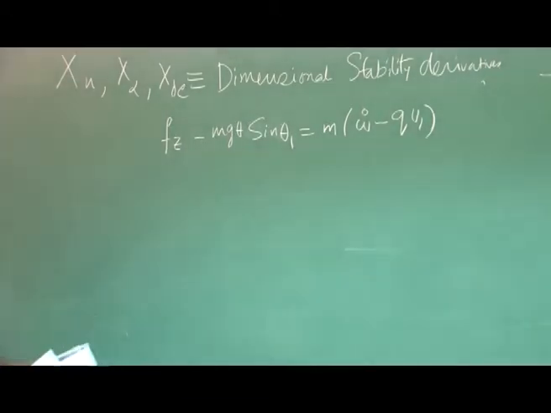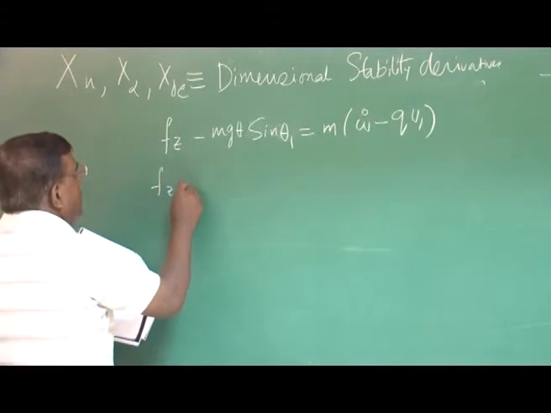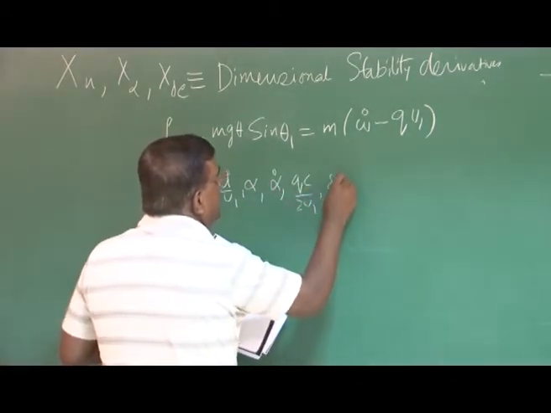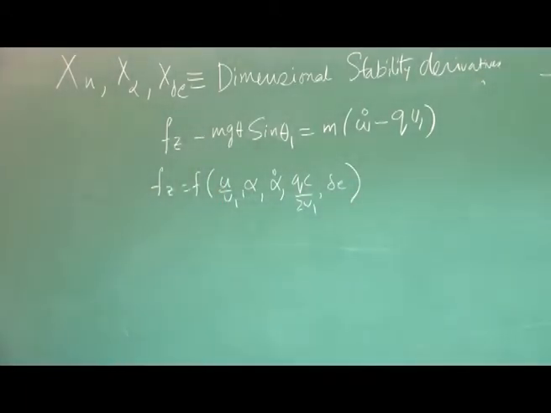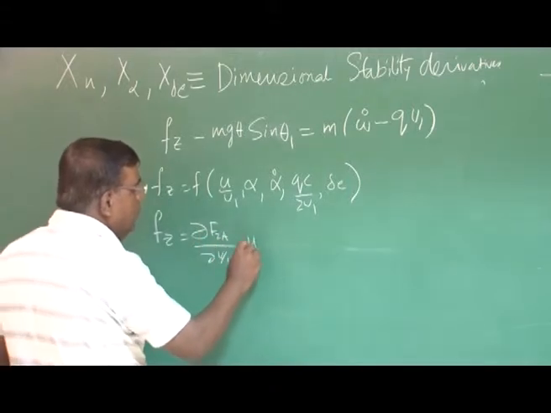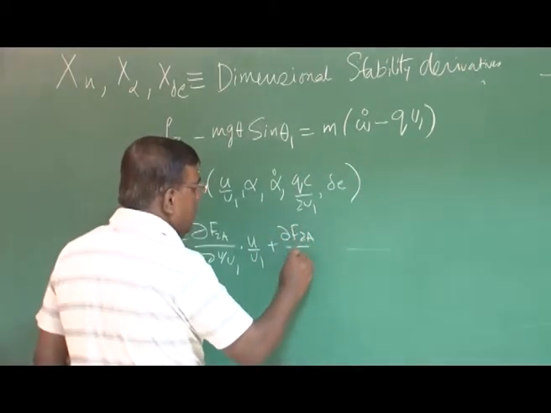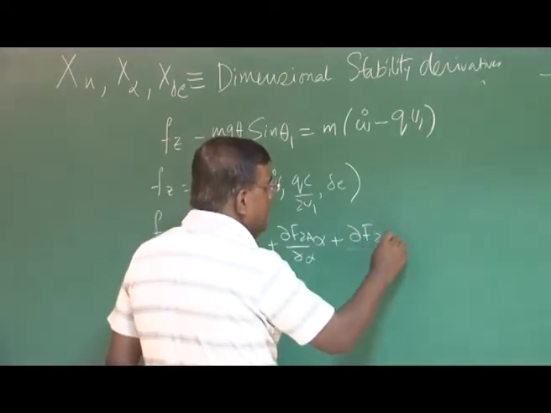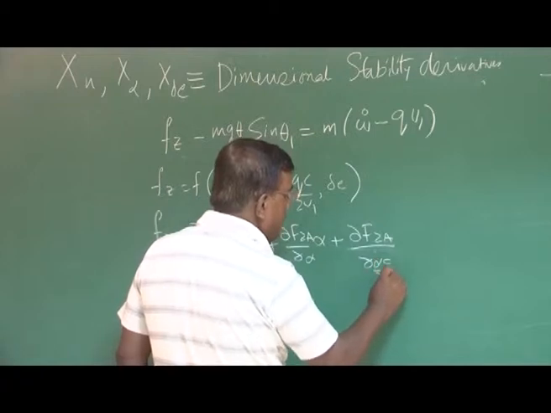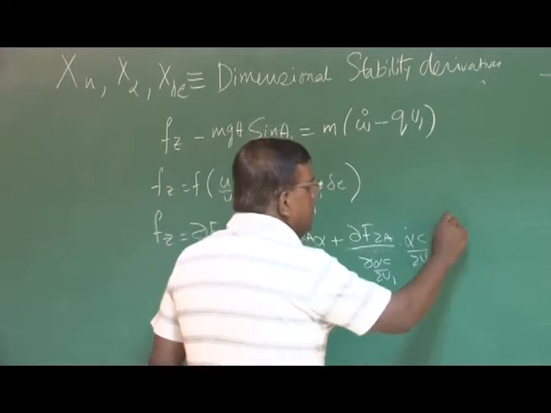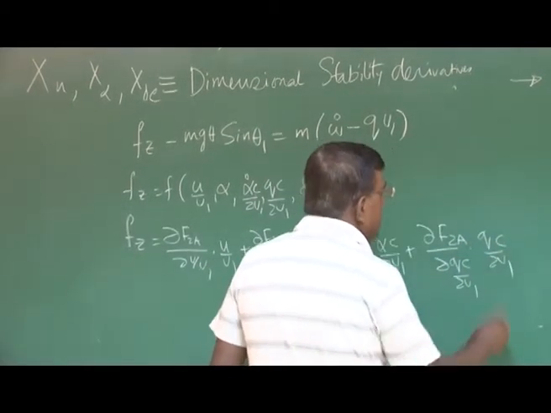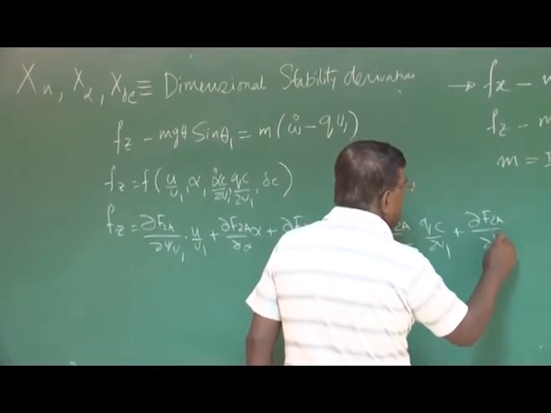If I pick the second equation, I know again Fz will be a function of u by u1, alpha, alpha dot, qc by 2u1 and delta E. Then I can write Fz as dFza by d(u by u1) into u by u1 plus dFza by d alpha into alpha plus dFza by d alpha dot, which we will non-dimensionalize, so we say d(alpha dot c by 2u1) into alpha dot c by 2u1 plus dFza by d(qc by 2u1) into qc by 2u1 plus dFza by d delta E into delta E.